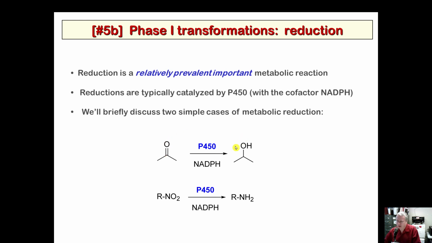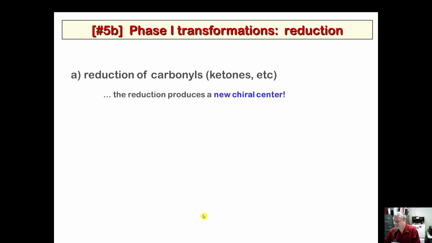But with biological systems, they need a reducing cofactor like NADPH. Also, a common one is nitro to amine, also using a biological reducing cofactor. Okay, so let's show some examples. Oh yeah, the interesting thing also is it can produce a new chiral center if the molecule's chiral. And then the question is, what is the chirality of the new chiral center?